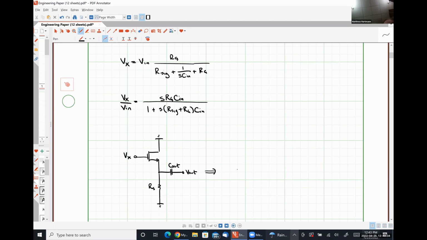So here's my voltage Vx, and it sees at the gate an open circuit. And then over here is the source. So here is VGS. My drain node is ground, so that's this guy down here.